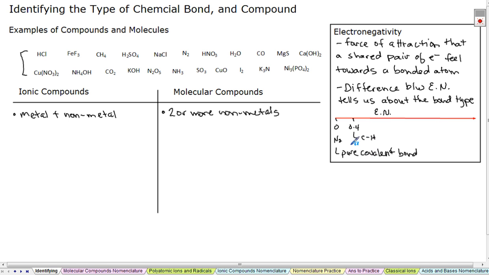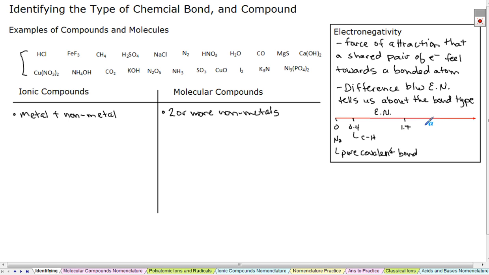Carbon has an electronegativity of 2.5, hydrogen has an electronegativity of 2.1, and they have a difference of 0.4. That means that carbon and hydrogen are pretty much equal in that battle for the pair of electrons between the two of them. We do hit a sort of magic number. It's almost in between, and that number is 1.7.